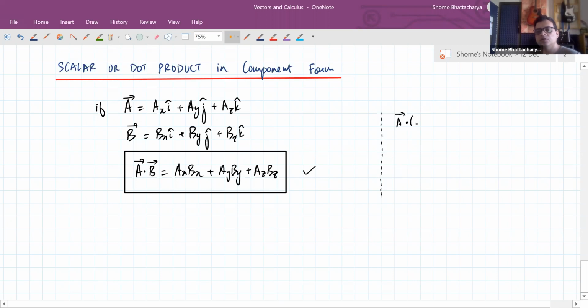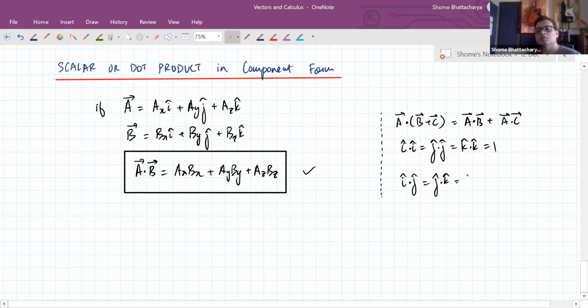That is, if we take the dot product of A with the sum of two vectors, we can express it as A dot B plus A dot C. And also from the property that the dot product of any unit vector with itself is equal to unity or 1, whereas the dot product of any unit vector with a perpendicular unit vector will result in 0. So when we use a combination of these properties, we get this particular formula.